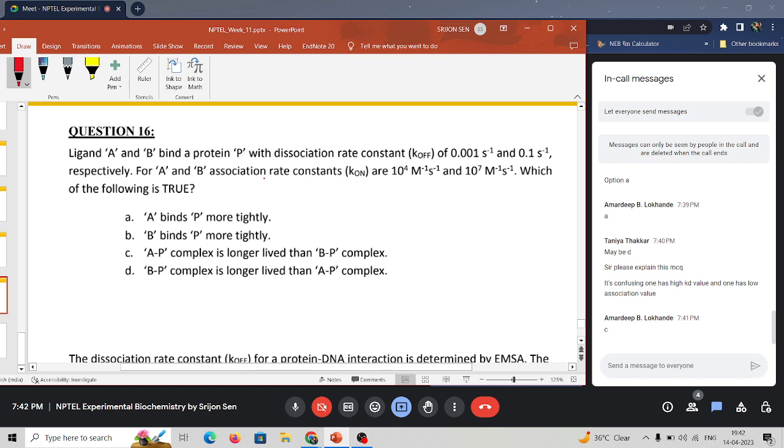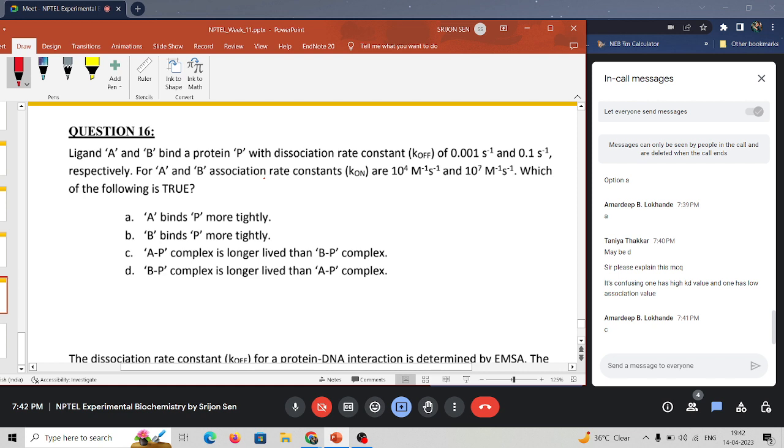So from this, you can actually tell one thing, that B binds P more tightly, that's why it has an association rate constant of 10 to the power 7. This you can tell because it has a higher association rate constant value.